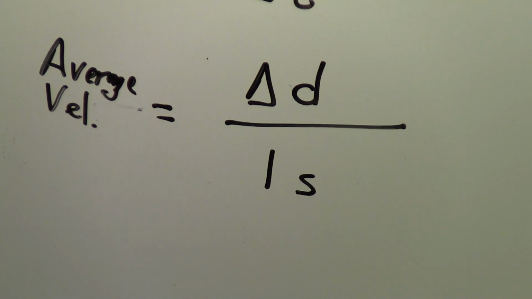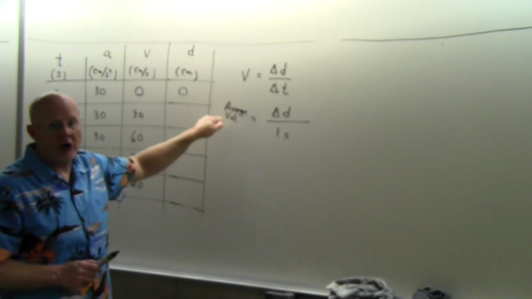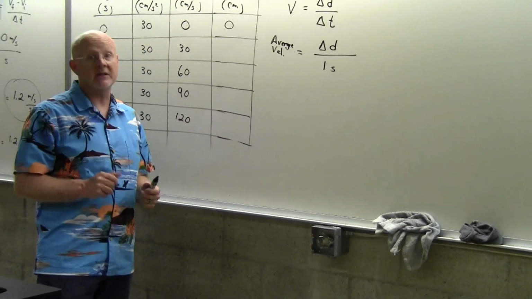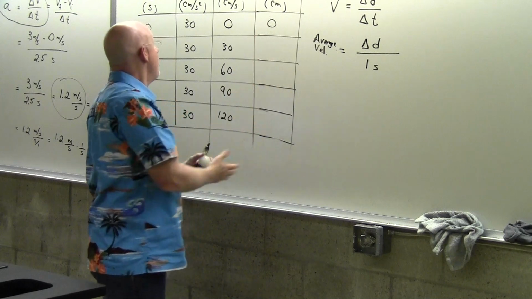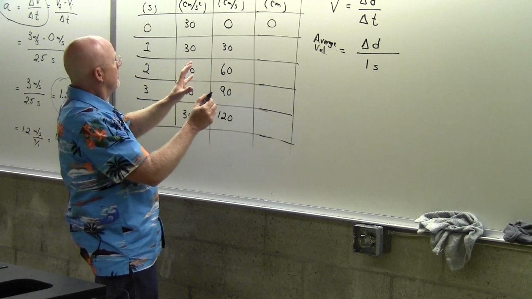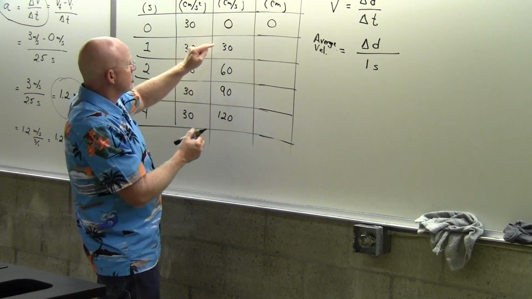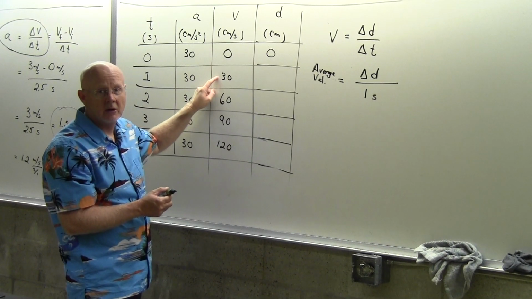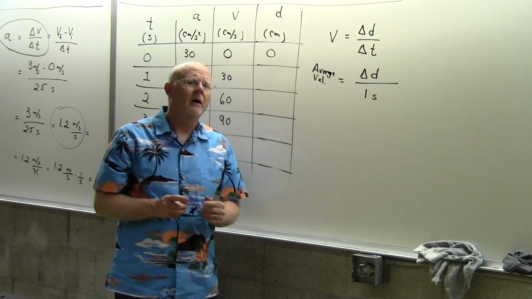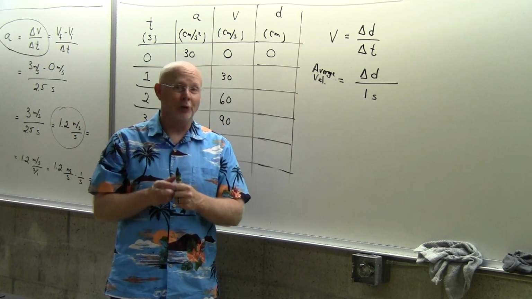But if you're going to do this whole calculation, you can't put the instantaneous. It's the average. And then sadly, that makes this stuff a little bit harder because, wait a minute, I don't have average. I have instantaneous. Well, I can get average real easy.